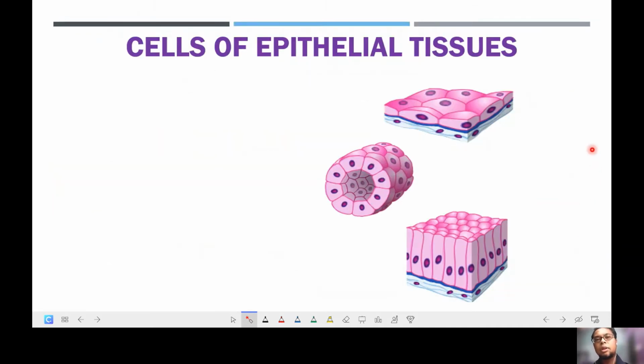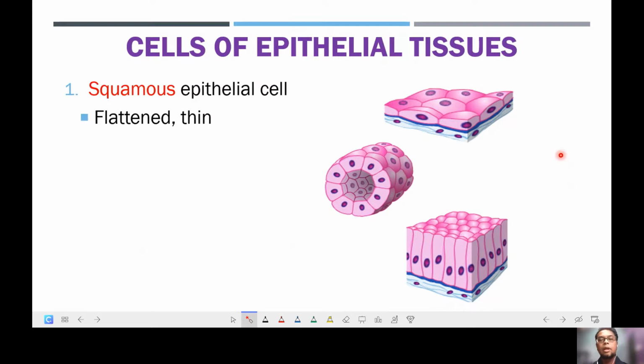Now let's move to the epithelial tissues, and we will start with the cells of the epithelial tissues, also known as the epithelial cells. If the cells are flat and thin, then we call this type of epithelial cell the squamous epithelial cells or the squamous epithelium.